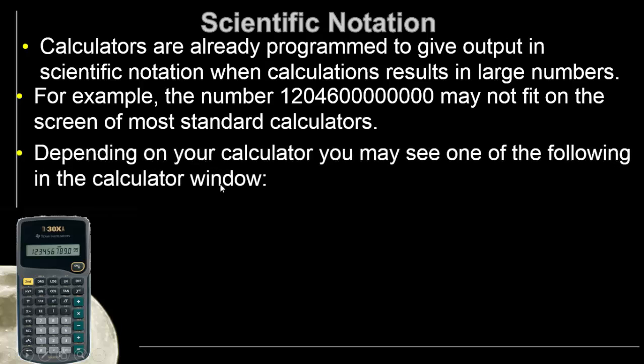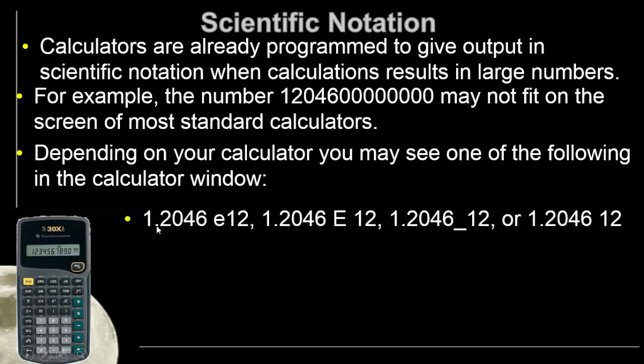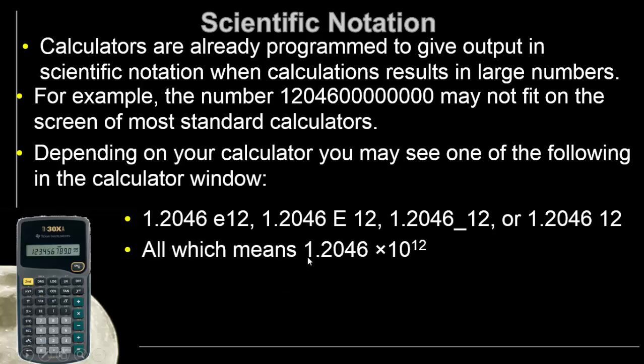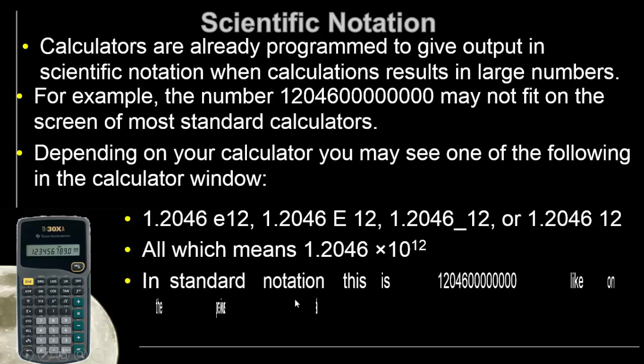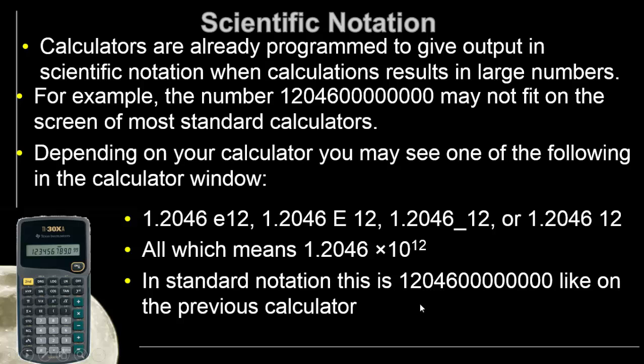Depending on your calculator, you may see one of the following in the calculator window: 1.2046 E12, 1.2046 big E12, 1.2046 underscore 12, or 1.2046 space 12, all of which mean 1.2046 times 10 to the 12th power. In standard notation, this is what we saw in the previous calculator on the previous slide.